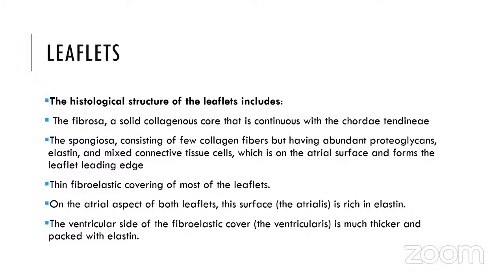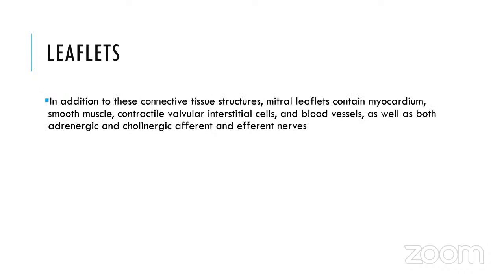There is also a thin fibroelastic covering of most of the leaflets on the atrial aspect of both leaflets. This surface is rich in elastin. And on the ventricular side, it is much thicker and also packed with elastin.